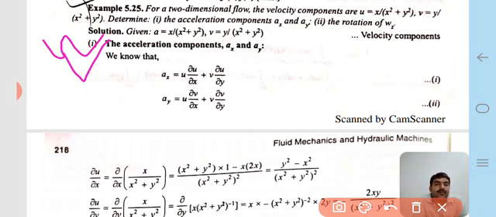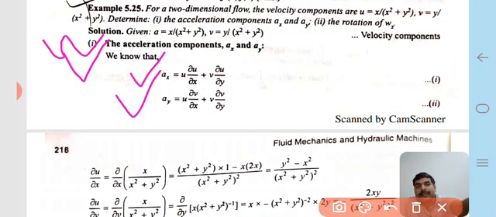For the acceleration components ax and ay, we know that the acceleration component along the x-axis is u del u upon del x plus v del u upon del y, and the acceleration component along the y-axis is u del v upon del x plus v del v upon del y.